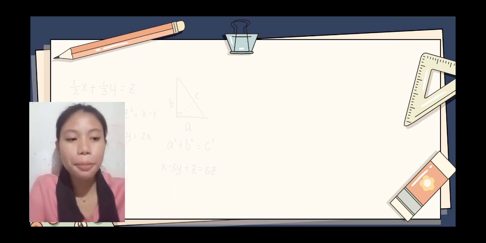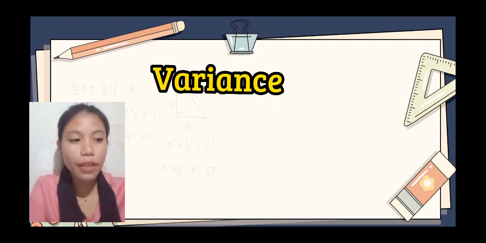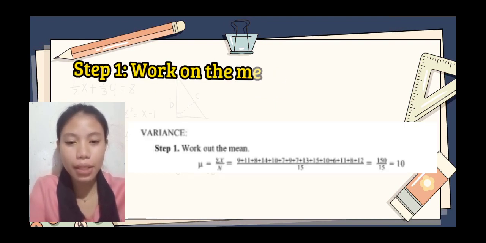And now, let's proceed to variance. To solve the variance, you have to follow the steps. In step 1, work on the mean. In order to get the mean, add the scores and divide by the number of scores.